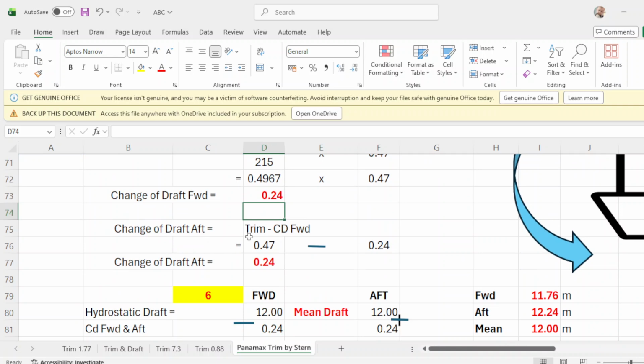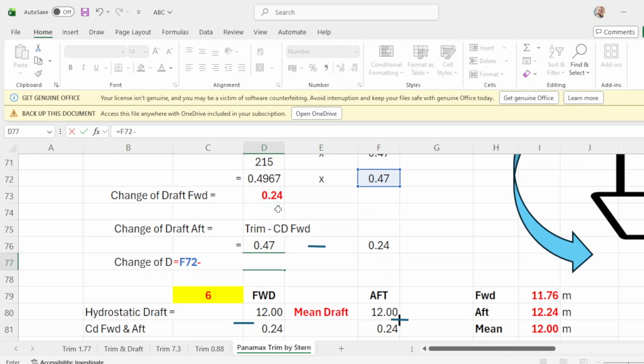The formula is trim minus your change of drop forward, and that change of drop up will be 0.24.